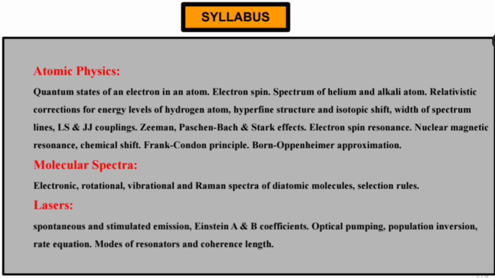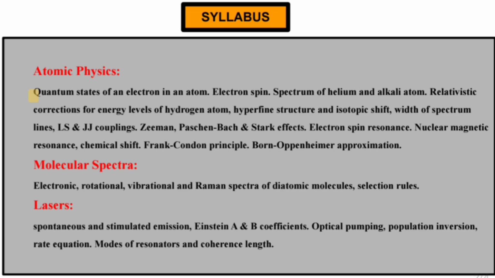So this is our next slide, and the first topic of our syllabus is atomic physics. As I already mentioned, this topic is atomic and molecular physics. The first part is atomic physics and the second one is molecular spectra.